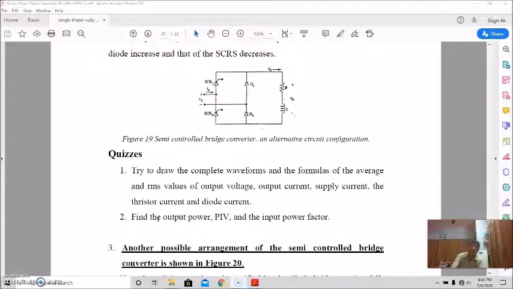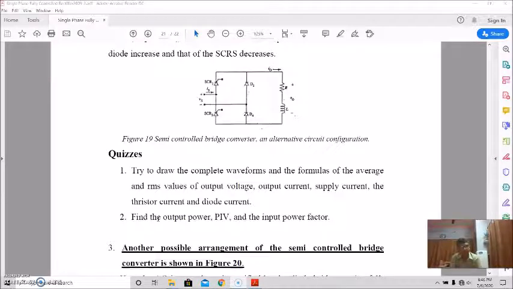Everything we discussed with the earlier arrangement of the semi-controlled converter circuit. What basic change has happened? The diodes will be in conduction for more time, and the thyristor conduction time will decrease. With this concept the waveform will be slightly modified, and otherwise everything will remain the same, but the calculations will also change.